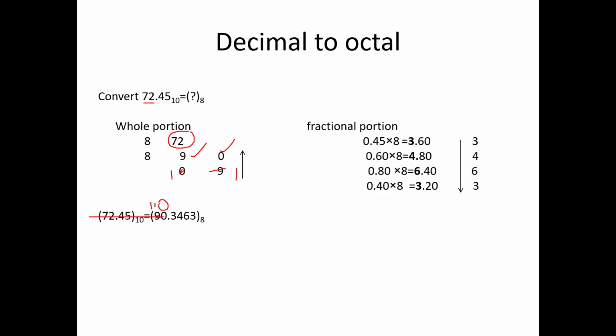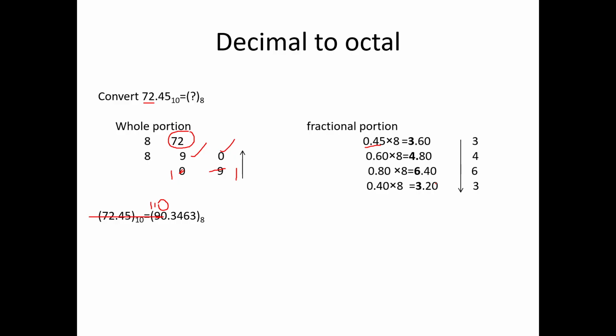Now the fraction part, 0.45. When we multiply 0.45 by 8, we get 3.60. Again 0.6 times 8 is 4.8. Again 0.8 times 8 is 6.4. Then 0.4 times 8 is 3.2. It keeps on going, because again we get 0.2, and when we multiply by 8 we get 1.6.